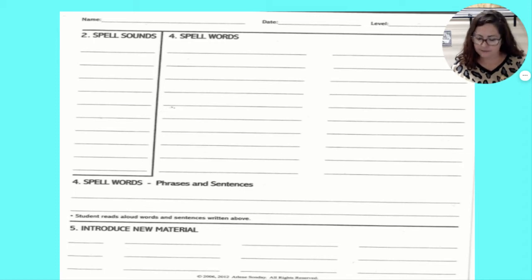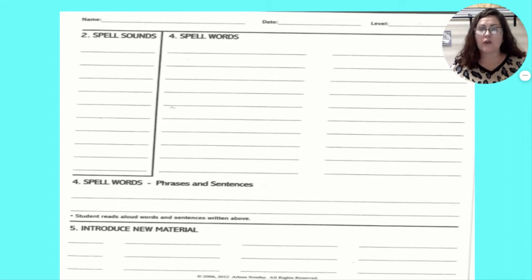Stitch. Cube. Stage. Goat. Pledge. And join.